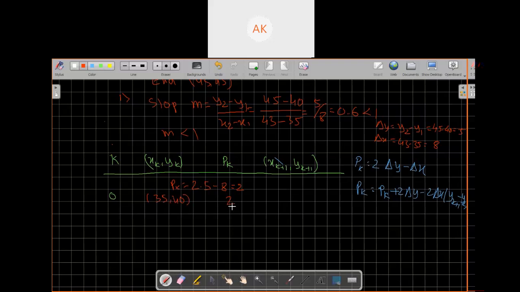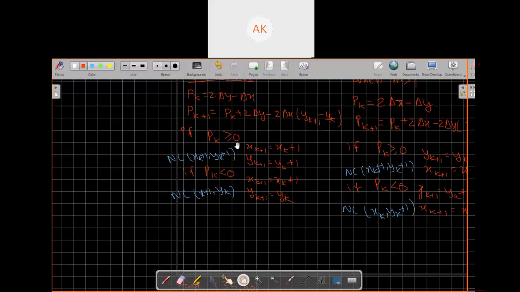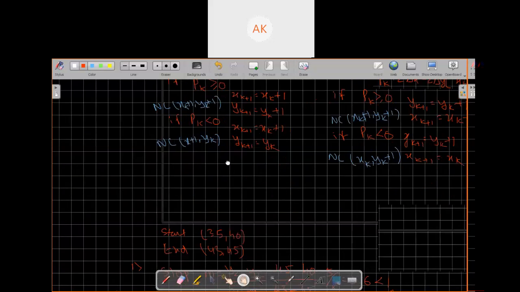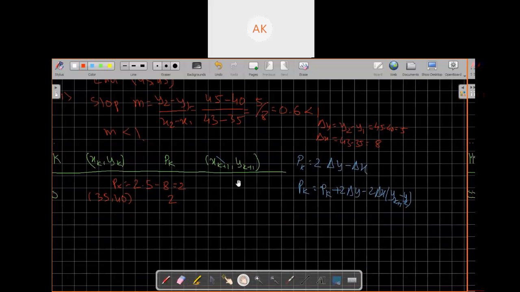When your decision parameter is greater than or equal to 0, your next point will be (xk+1, yk+1), which means both coordinates increase by 1. So xk is 35 plus 1 is 36, yk is 40 plus 1, 41. Your next point will be 36, 41.